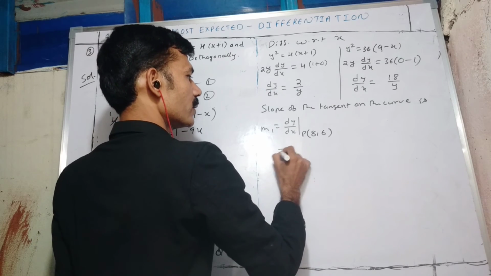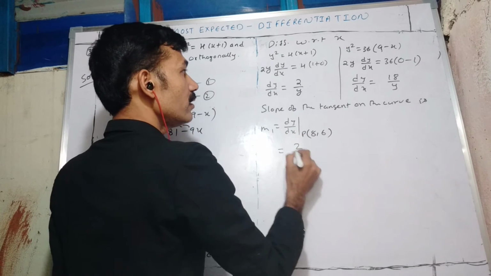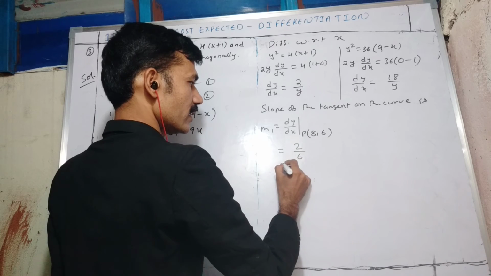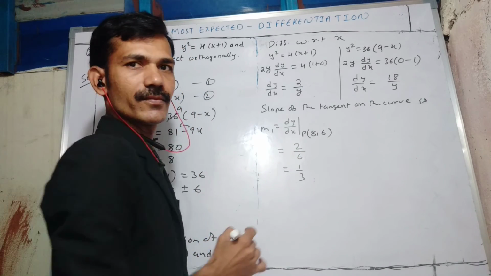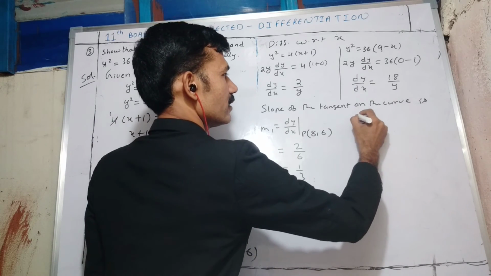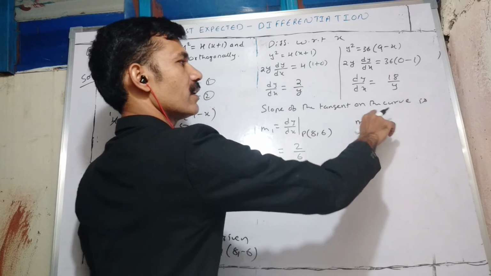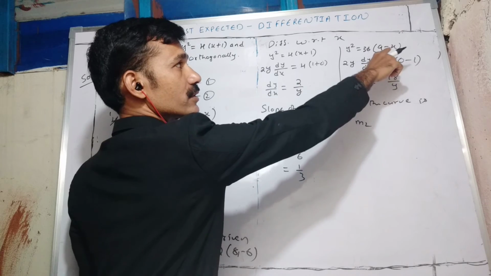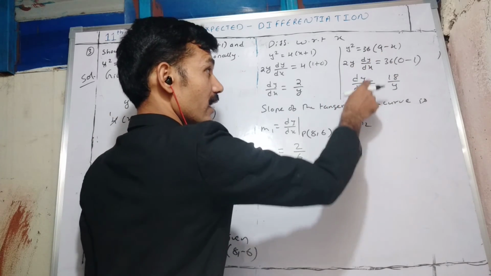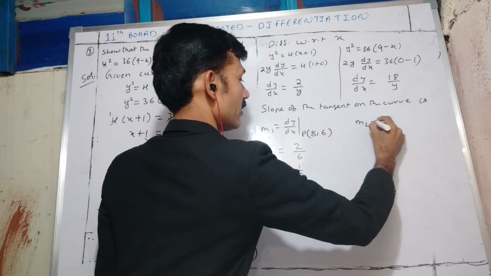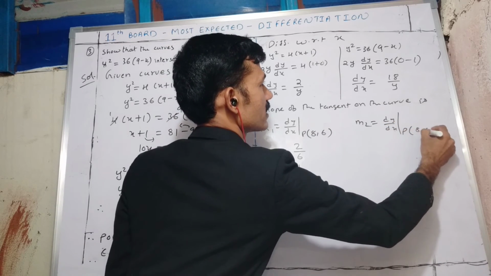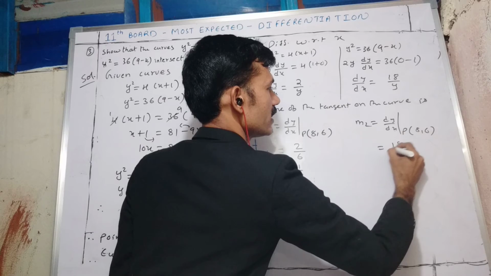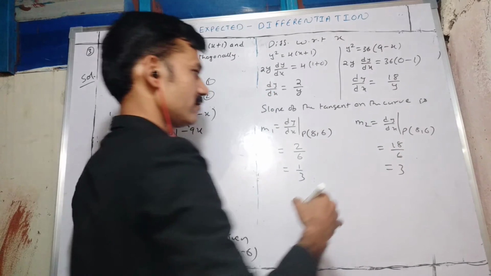So how much are we going to get? 2 upon y, y means 6. So here the first slope is 1 upon 3. Next, the slope of the tangent on the curve y square equal to 36 times (9 minus x) at P (8, 6) is 18 upon y, 18 upon 6, that is 3.